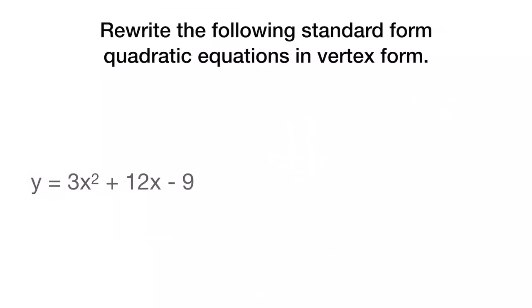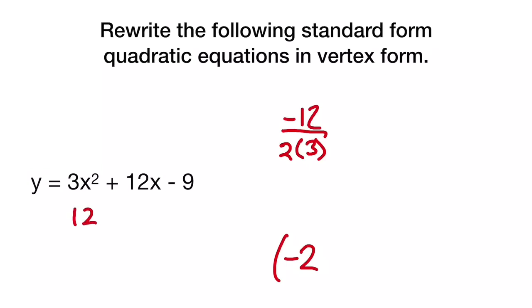One final equation. In this case, I need to find, remember, -b divided by 2 times a. So 2 times 3 is 6. -12 divided by 6 is -2. So now let's do this. -2 squared is 4. 3 times 4 is 12.